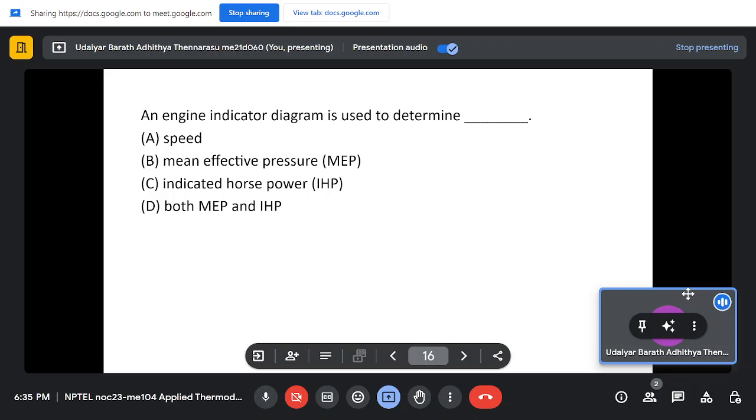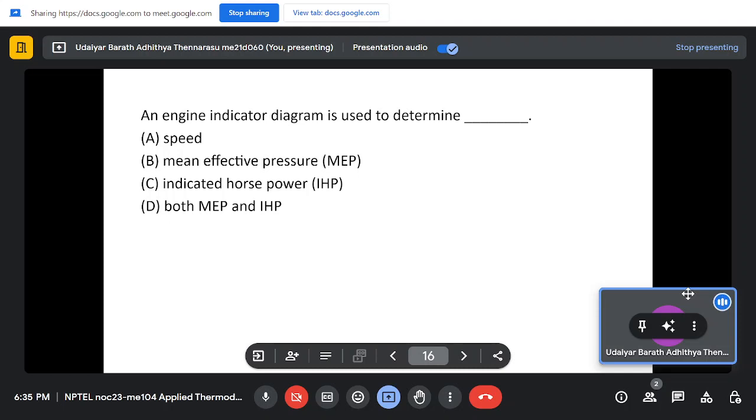As I saw previously, you can calculate the indicated power, the total power the cycle can generate, from the area under the cycle. Then mean effective pressure is just the indicated power divided by the displacement volume, the mean or average pressure at which it is operating. So that also can be calculated if you calculate the power.